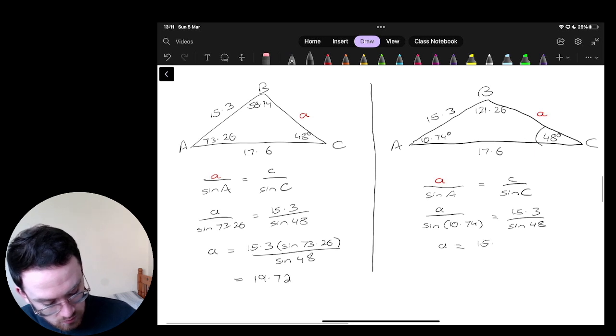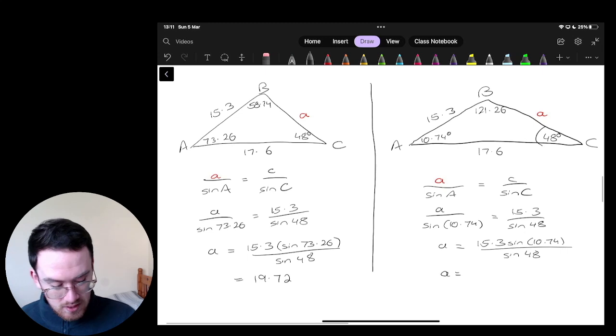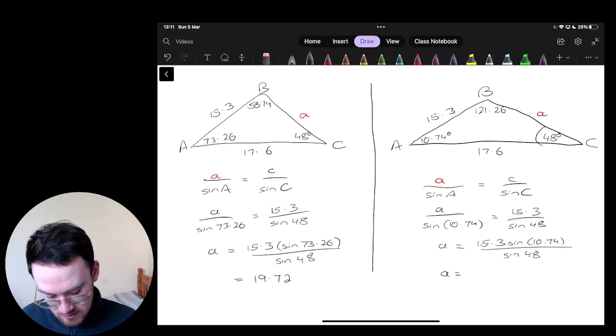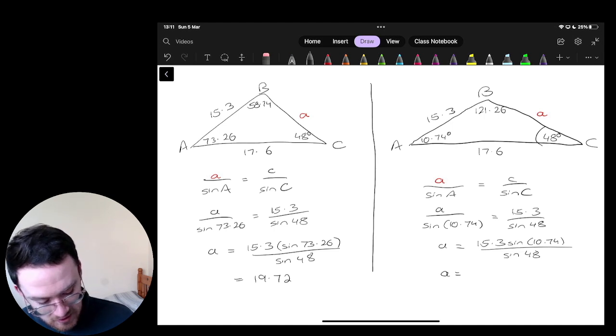So 15.3 sine 10.74, and so A is 15.3 sine 10.74 divided by sine 48. And we get that A is 3.84.